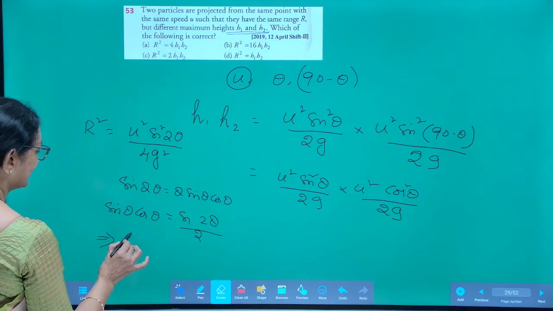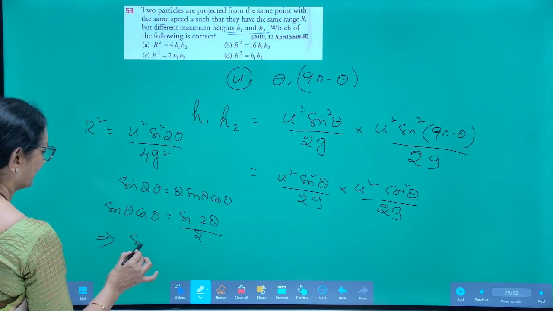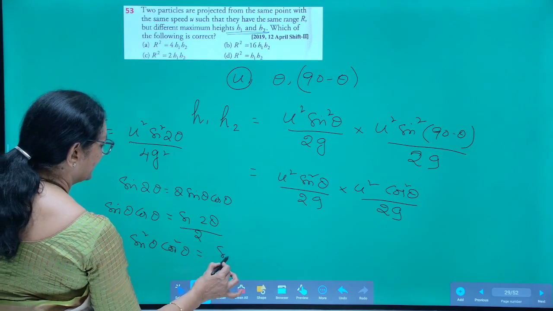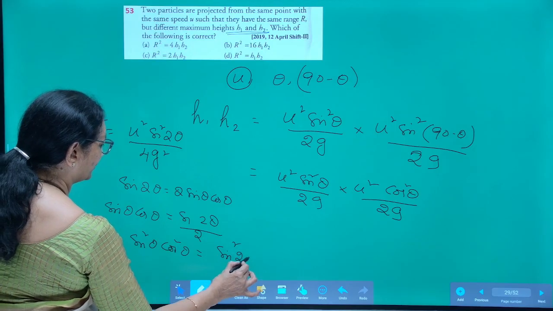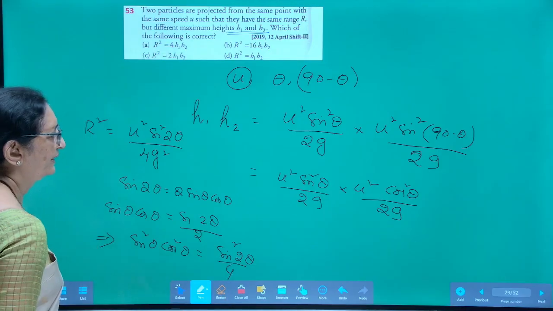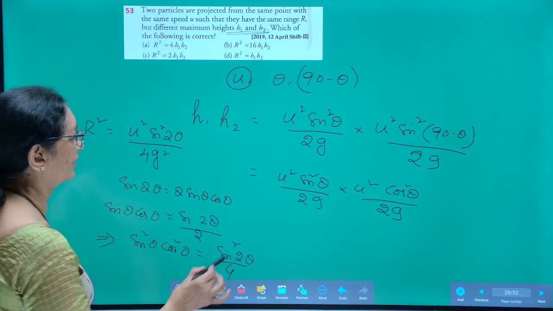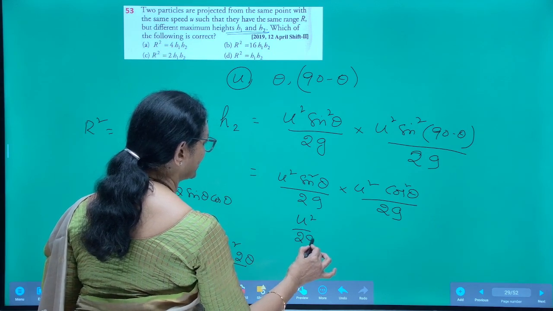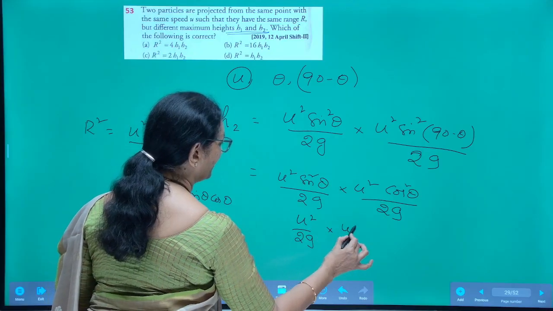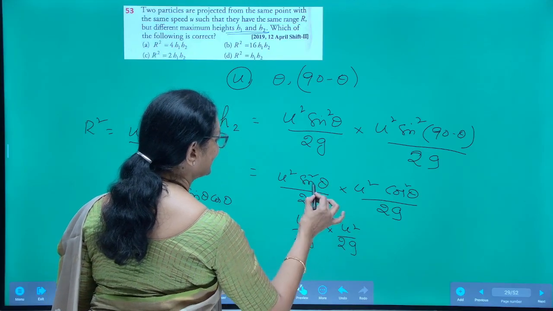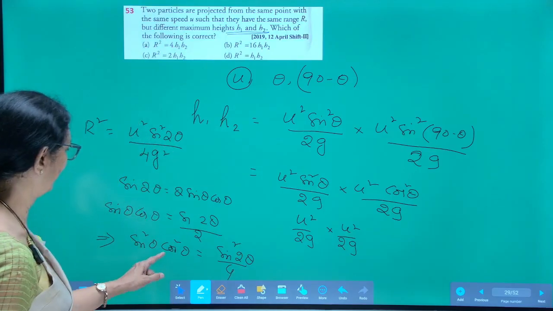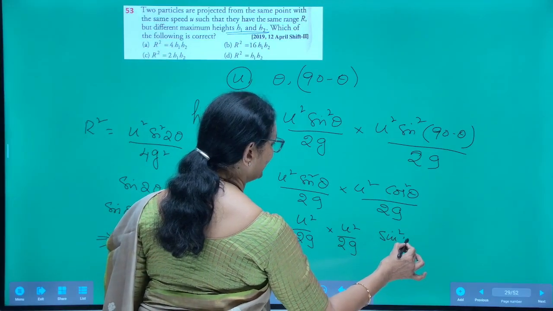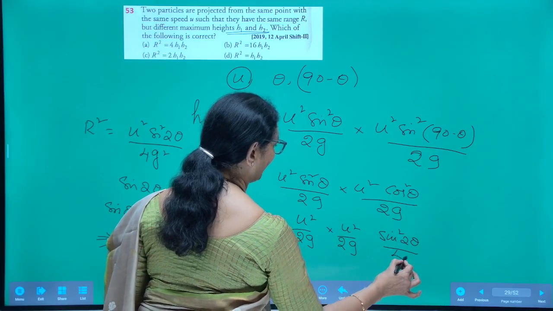So, that implies sin square theta cos square theta is equal to sin square 2 theta by 4. So, sin square theta cos square theta is, let us write like this, u square by 2g, u square by 2g, sin square theta cos square theta is sin square 2 theta by 4.